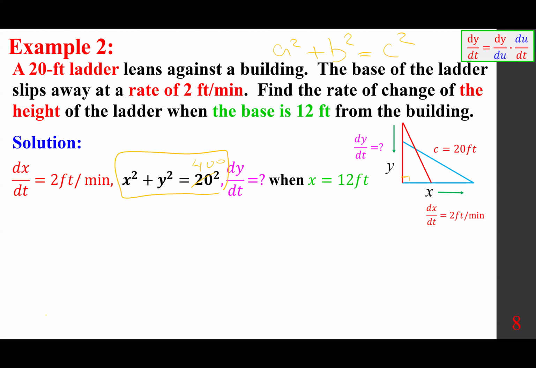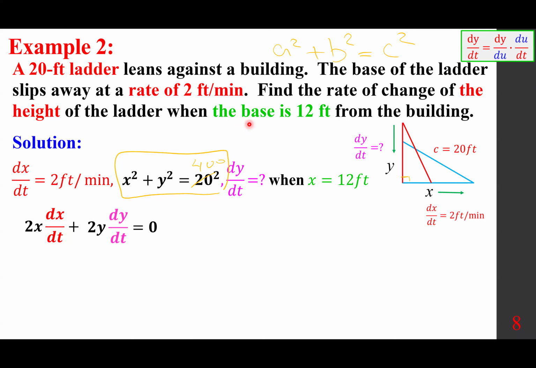So we are going to differentiate this with respect to t. This becomes 2x dx/dt plus 2y dy/dt equals, any number gives you 0. So we have everything we can plug in. The only thing we notice, y is missing.